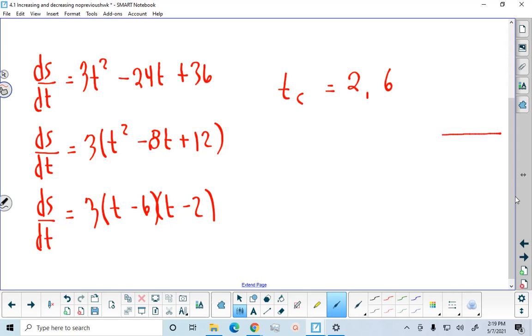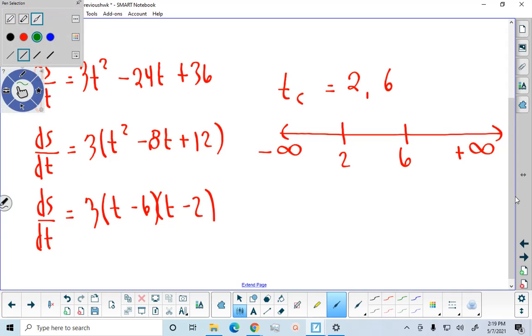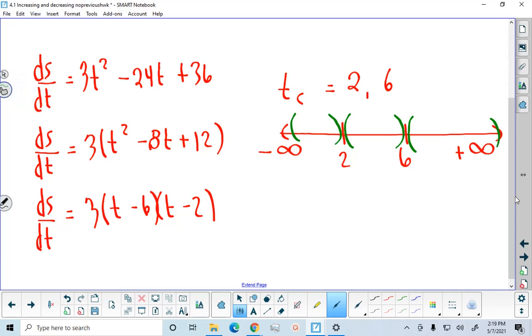So when you take this function, which mathematically is defined over all real numbers for t, and you slice it at 2 seconds and you slice it at 6 seconds, or whatever t represents, you get 3 intervals. You end up with an interval from negative infinity up to but not including 2, from but not including 2, up to but not including 6, from but not including 6, up to but of course not including infinity.